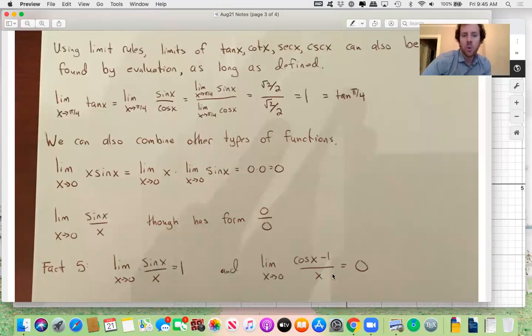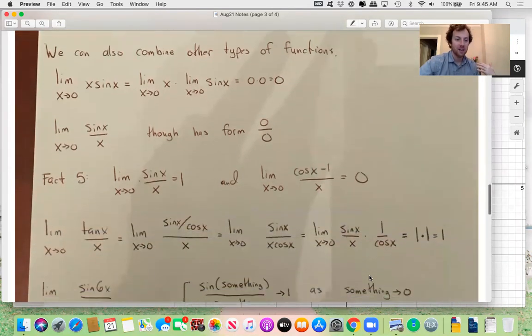These limits on their own are, I guess, okay, but how we'll actually use them is we'll look at other limits that are indeterminate forms and have some trig functions in them. And if we can do some algebra to make either of these expressions appear, we can say, I know those limits, use 1 or 0 as appropriate, and then if there's some other stuff that I can maybe deal with by evaluating.